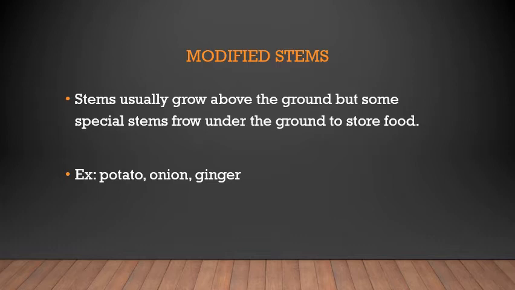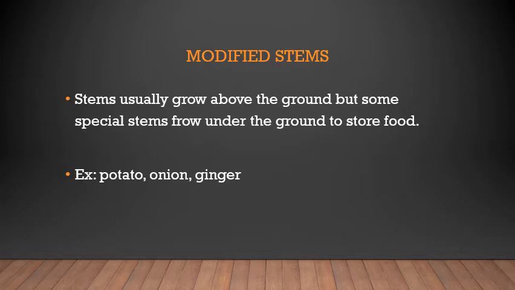First we are going to learn about modified stems, then modified roots, modified flowers, and modified leaves. I will even tell you why they are modified. The first one is modified stems. Stems means the part which is above the ground, right? It holds the branches, it holds the leaves, it holds the different branches of the tree, isn't it?